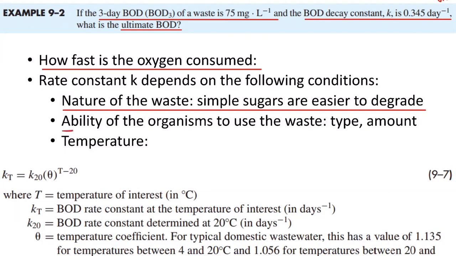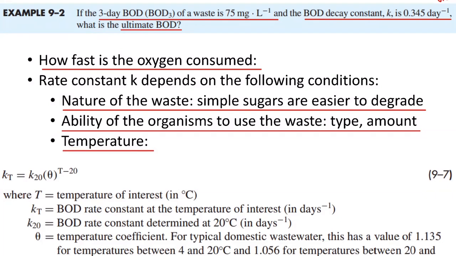So it also depends on the ability of the microorganisms to use the waste. It depends on the type and also depends on the amount. So if you have a lot of microorganisms in the water, then they can consume these organics very fast, right? And it will affect how fast the oxygen is consumed. So it also depends on temperature.